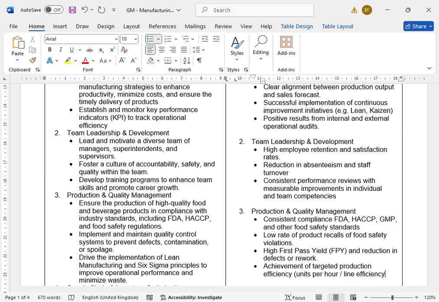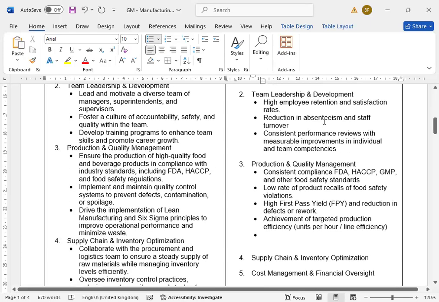Okay, and if you have found some problems with one or a couple of production lines, then you have to address whatever issue they are having in those lines. That's how you do it.